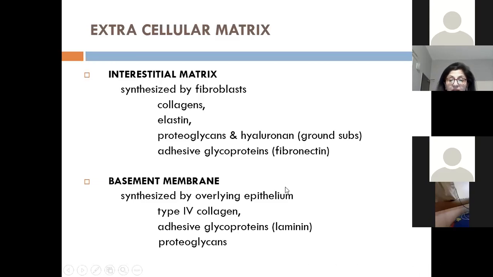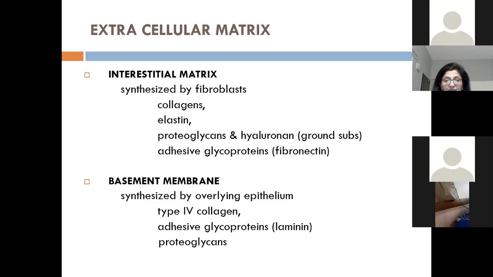They're both adhesive glycoproteins. And they also have proteoglycans, which are the ground substance in the basement membrane. So in the interstitial matrix, you have the adhesive glycoprotein fibronectin, the ground substance, collagen and elastic fibers. And in the basement membrane, you have type 4 collagen, laminin as an adhesive glycoprotein, and the ground substance, which is proteoglycans.